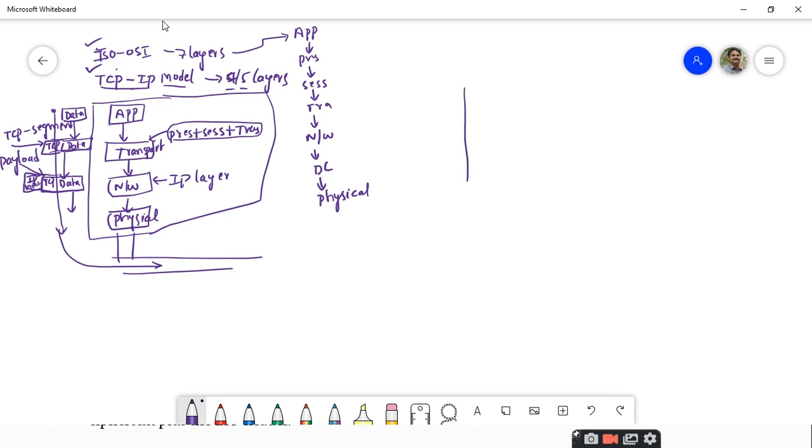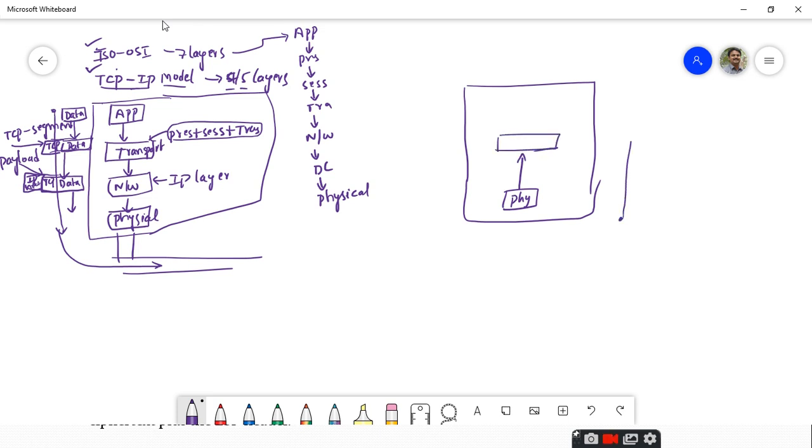And at the destination point, the same four layers exist, starting with the physical layer. Since it is a destination, you must be very careful that processing will be done from down to top. We have the application layer like this.